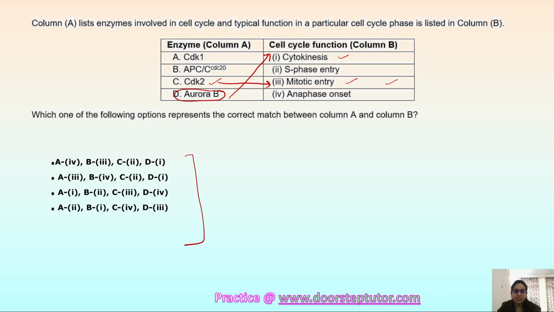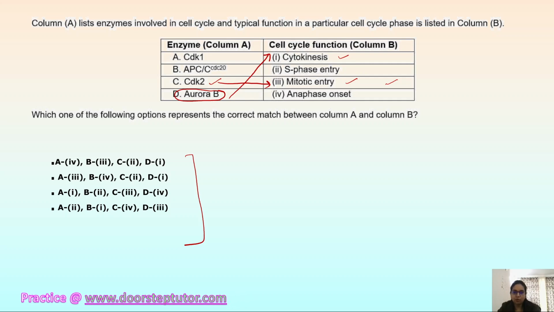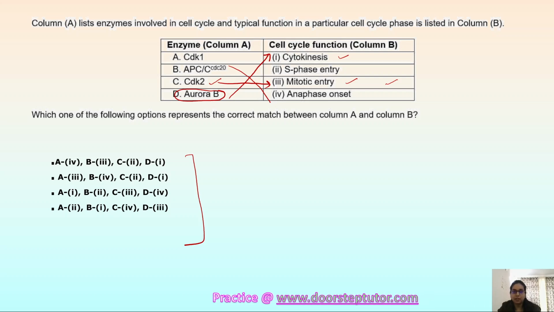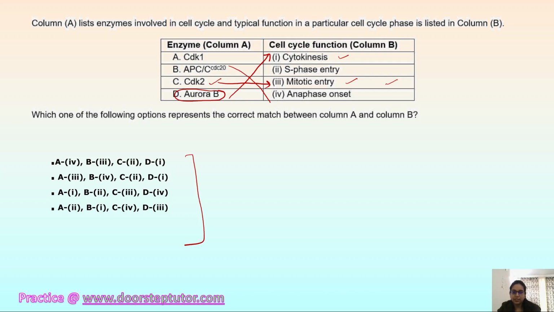As the name suggests, anaphase promoting complex, obviously it is present at the anaphase onset only. So this will go with this, the anaphase onset, because it regulates the transition from metaphase to anaphase by targeting proteins for degradation. The last one is the CDK1.